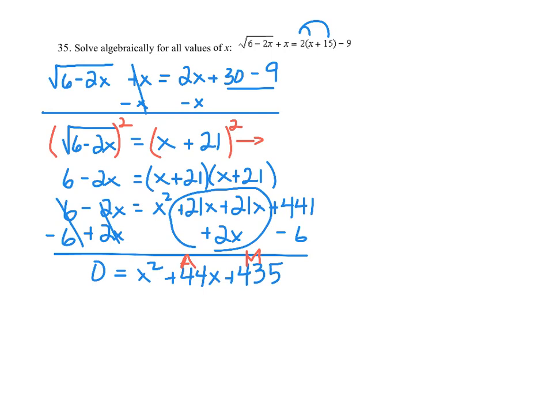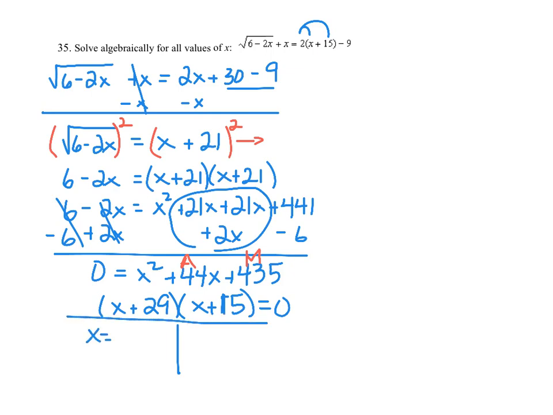All of them will. But you want to figure out which two would add to 44. Okay? So when I do that, I end up with 29 and 15. Now this does say to solve, so let's do our t-chart. And then I'm going to get x equals negative 29 and x equals negative 15.